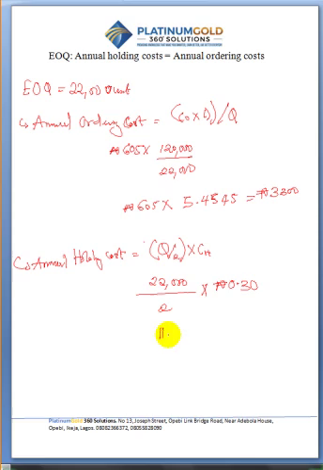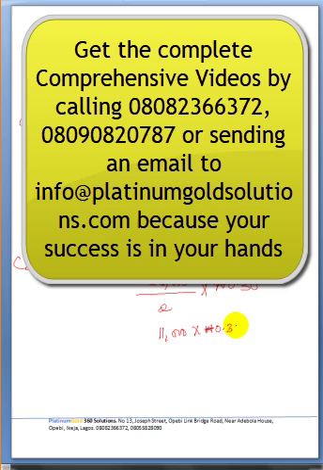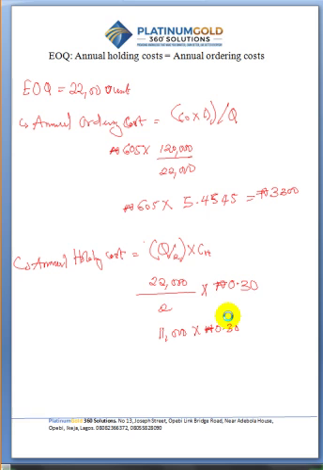So this is 11,000 multiplied by 0.30, and that will give us also 3,300. So at EOQ, ordering cost is equal to holding cost.